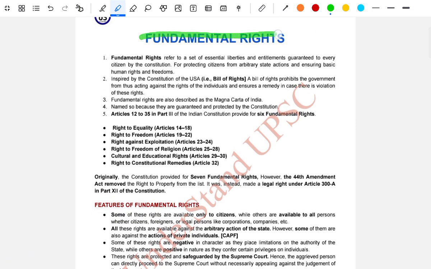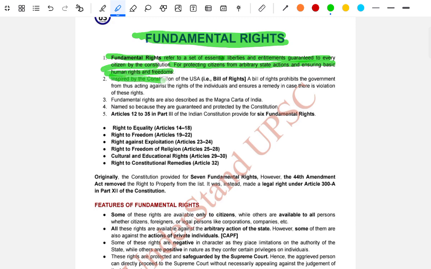The fundamental rights. Fundamental rights refer to the set of essential liberties and entitlements granted to every citizen by the Constitution for protecting citizens from arbitrary state action and ensuring basic human rights and freedoms.